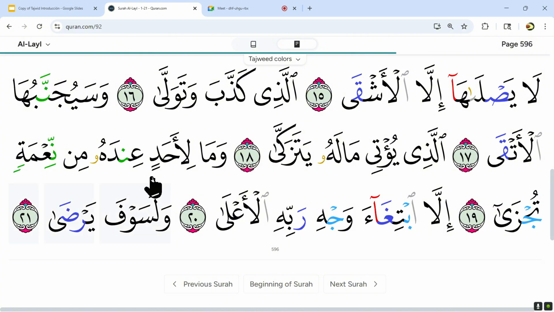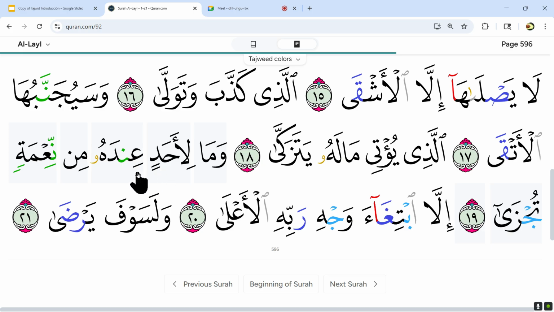Li'ahadin. Why am I pronouncing din clearly? Because there's no noon. No, there is a noon, it's a tanween. Ahadin. Because of the two under it. But what letter comes afterwards that makes me pronounce this clearly? The ain.